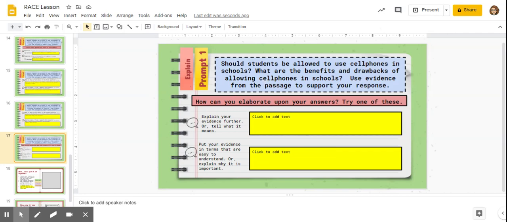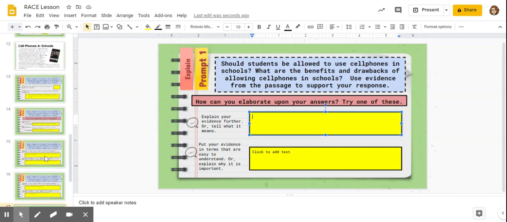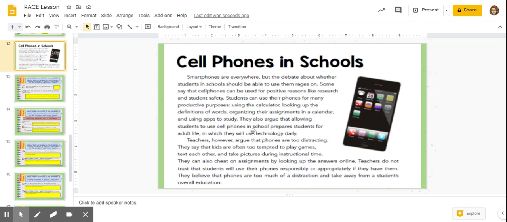All right, how can you elaborate? We're on the E on your answer. Explain your evidence further or tell what it means. How can we elaborate? So let's look at the prompt again. What other stuff could we use? We could say that technology is used daily and it's important for students to have technology skills.